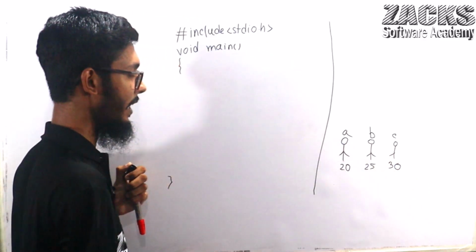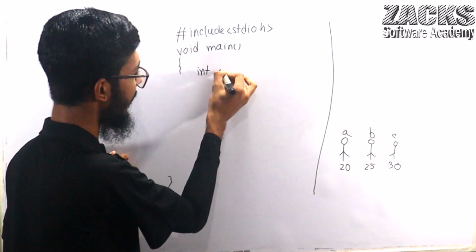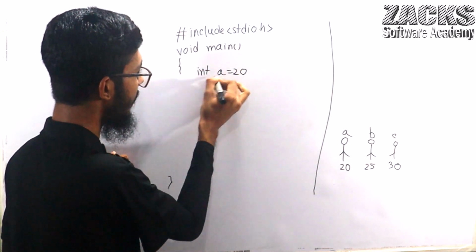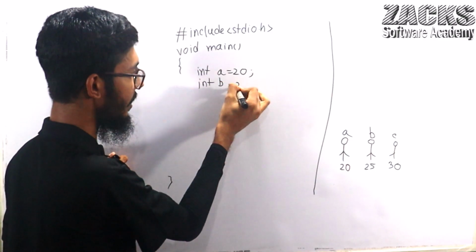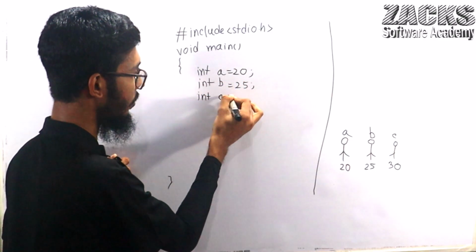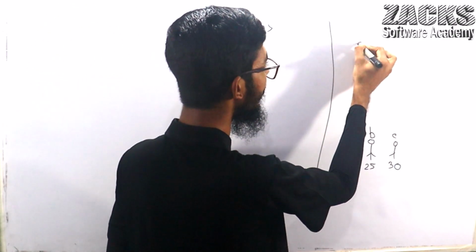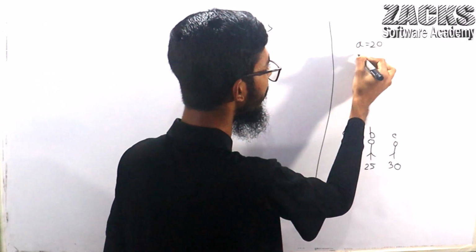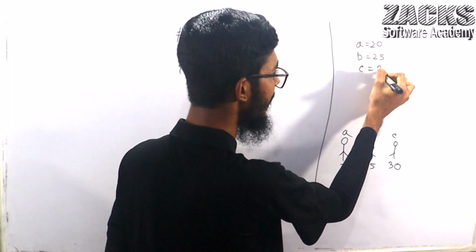So let me write this in the program also: int A = 20, int B = 25, int C = 30. What will be the corresponding Python code? Simply A = 20, B = 25, and C = 30, right?